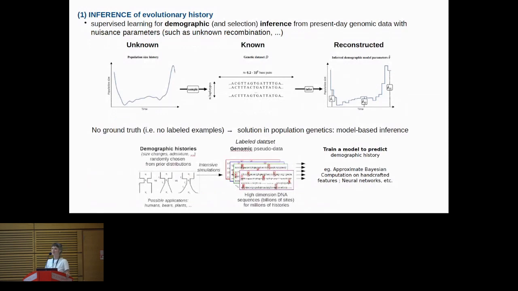And because in population genetics we very, very rarely have ground truth, we don't have labeled data. The field uses a lot of model-based inference. So the model would be, for example, an evolutionary model. And here in particular, we do model-based inference, but we even do simulation-based inference.